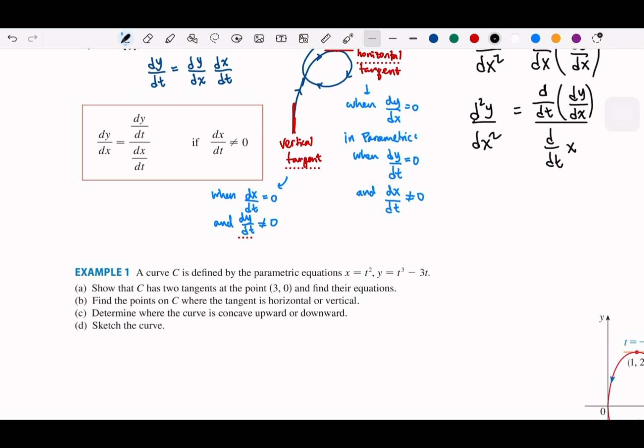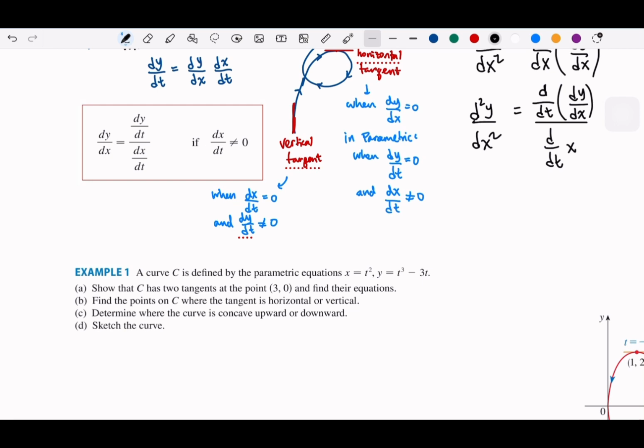We already did this before: how to make sure it is vertical or horizontal, and then we can find the points. And determine whether the curve is concave. Concave is related to the second derivative. That's why for Calculus 1, you need to be able to remember at least the fundamentals. And let's sketch the curve. This is sketching the curve, but in parametric form.